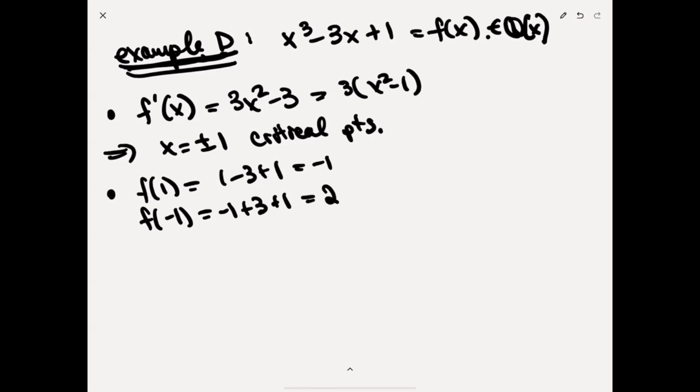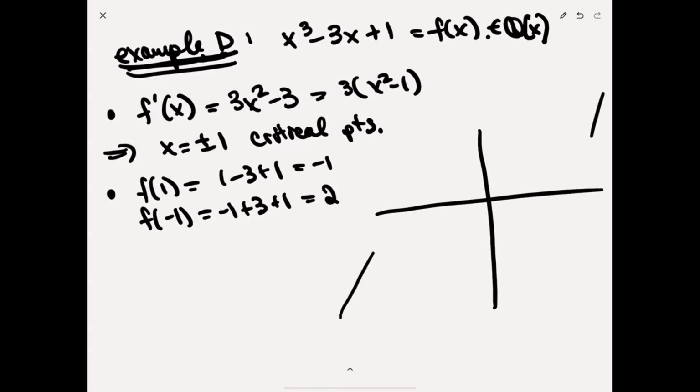So this allows us to graph. Down here it goes to negative infinity, and up here it goes to positive infinity. We know that it crosses the axis here, and it will cross the axis here somewhere, but we don't know what happens in between.